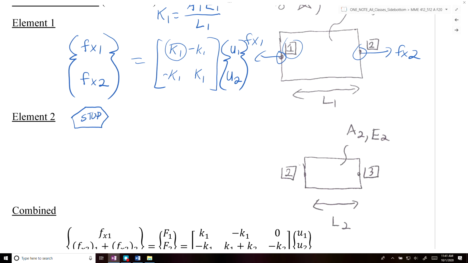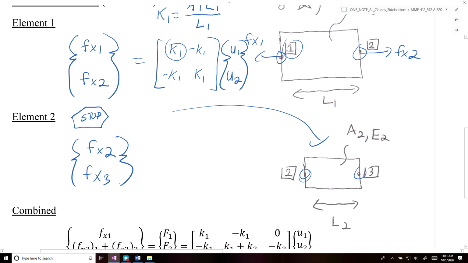So for element 2, which is shown on the right hand side here, we have our two nodes, 2 and 3. So we're going to have a force Fx2 and a force Fx3.